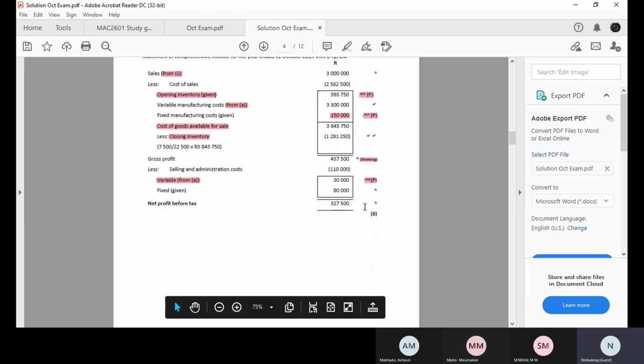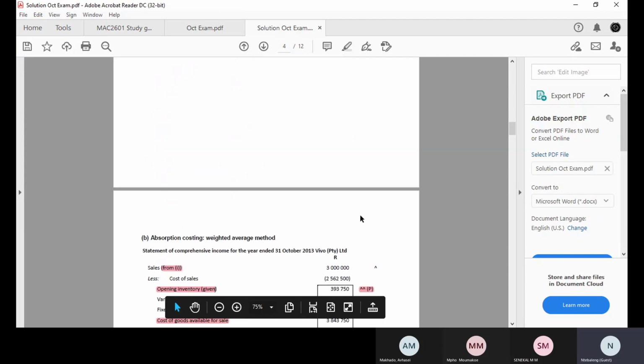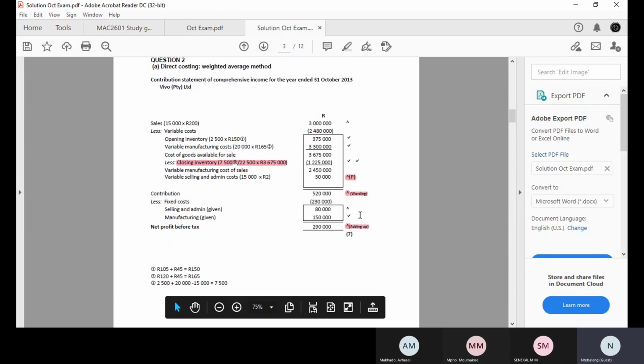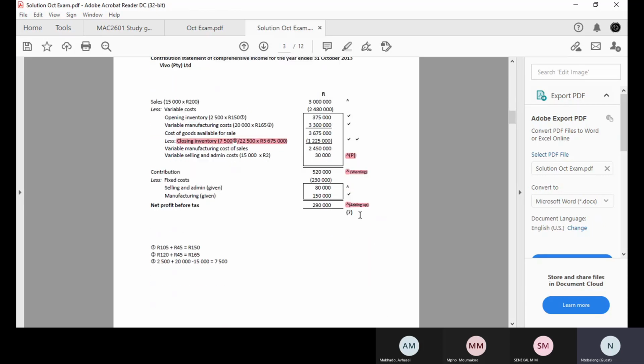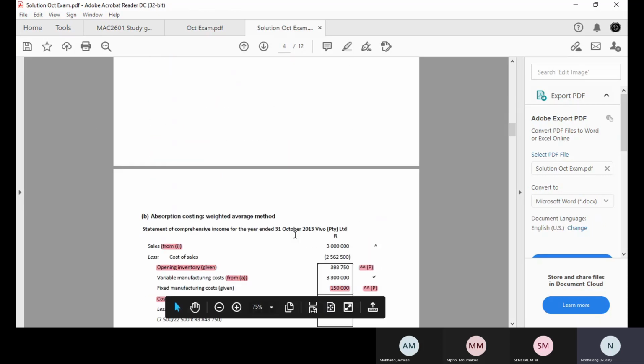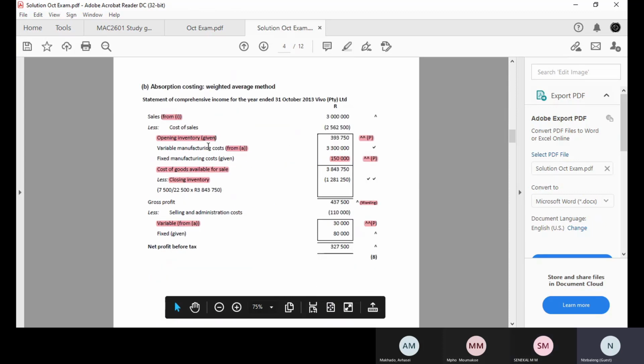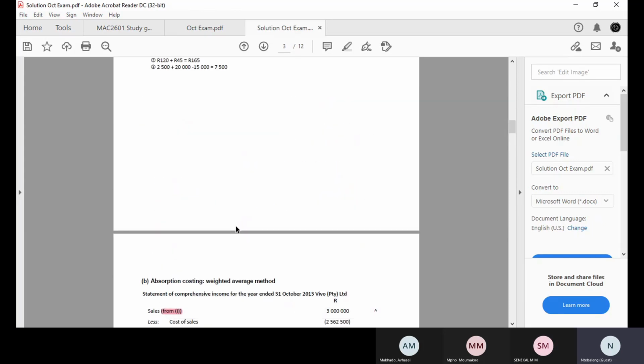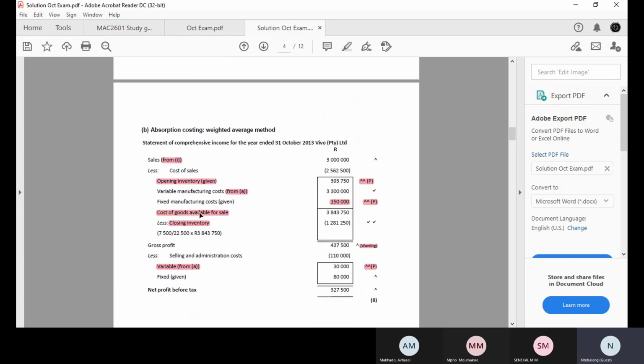More practice will make you eager to answer things quickly because you have your template, you understand what you're looking for, you know what to give. And this B, it's less time because most of the things you calculated from A. It's just a matter of making sure that you reference it. Reference. Don't just say 3.3 million. Show us where you got it from.